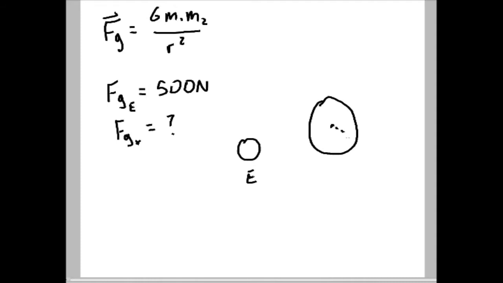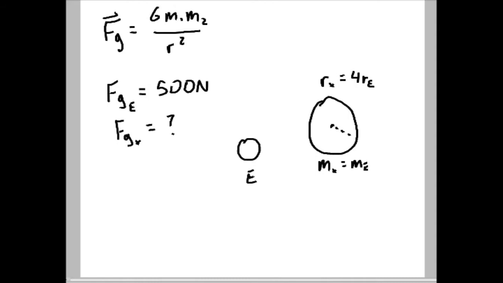Let's say that the radius of planet X is 4 times that of Earth. But let's say that the mass of planet X is the same as that of Earth's. So I've dramatically increased the radius of my planet, but my mass hasn't changed.